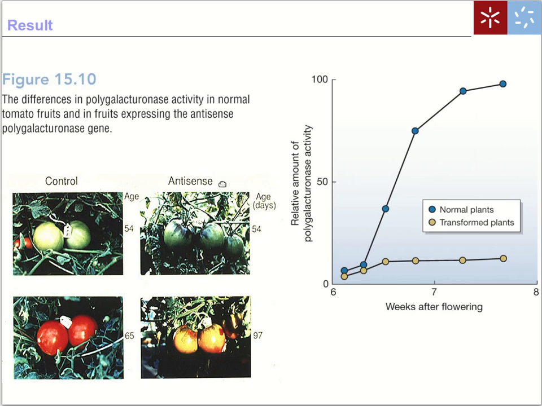We have the antisense expressing tomato, which starts off almost exactly like the control tomato, but after many more days, almost twice the time, the tomato is still not squishy, so it will be easier to handle, but it has many of the flavor ingredients that the ripe tomato has.